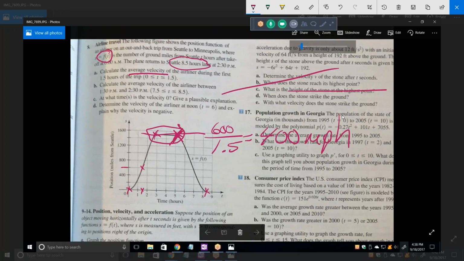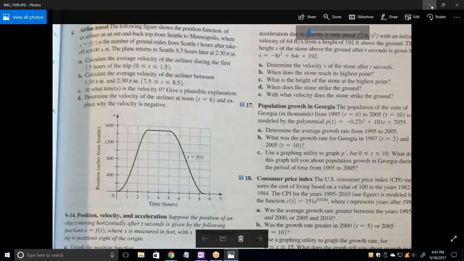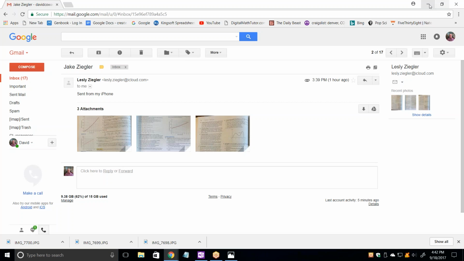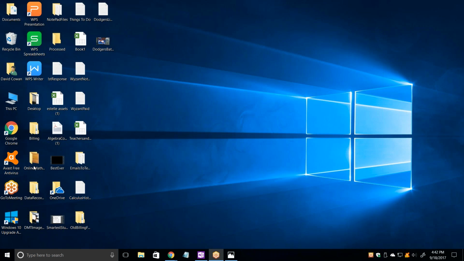Still has positive distance. Well, no, that's a negative velocity. Remember the relationship. Very important to remember the relationship between, here, I'm going to bring it up again just because it's so important. Sorry, it's going to take me a minute or two to find it.